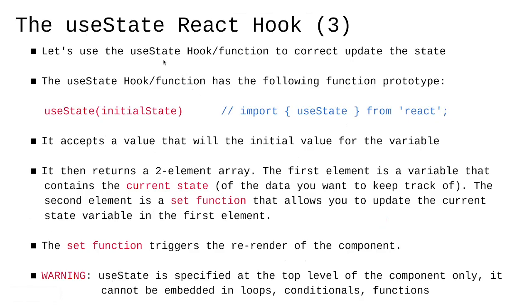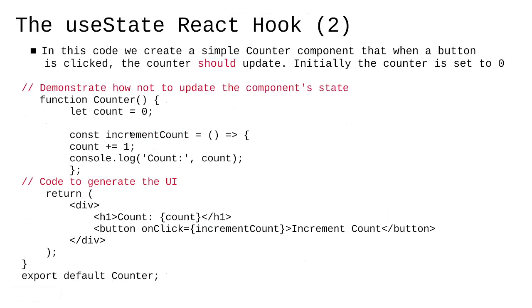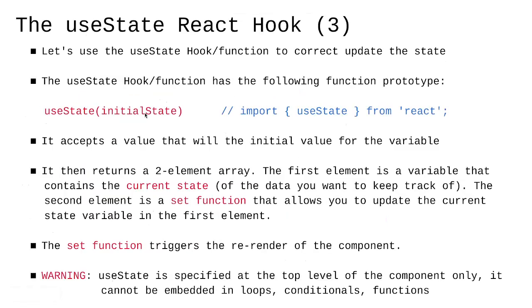We want to use the useState React hook, or function, and the way we do that is by simply using the function useState. This function expects an argument, which is the initial state. If you recall, when we created a variable count, we set it to 0. That's what I mean by the initial state. To use the useState hook, we need to import it from the React package.